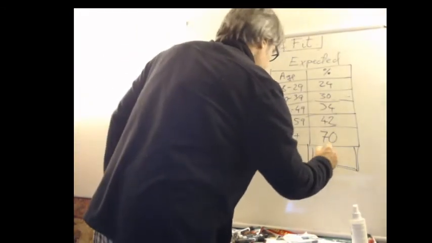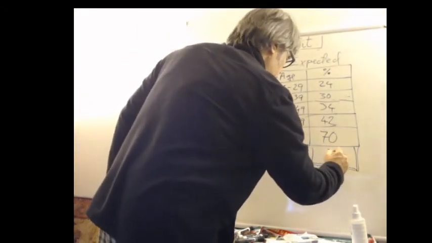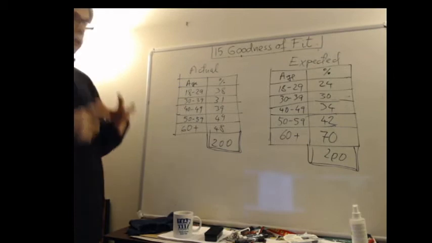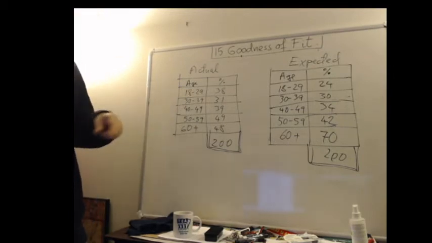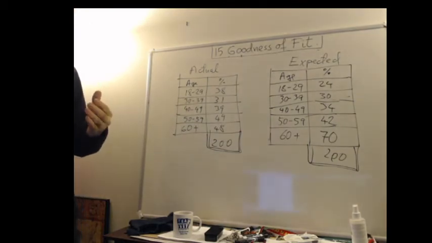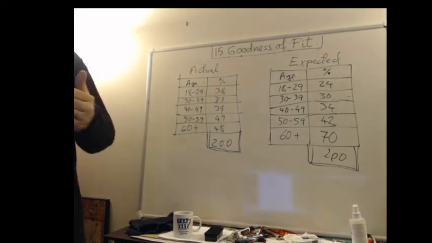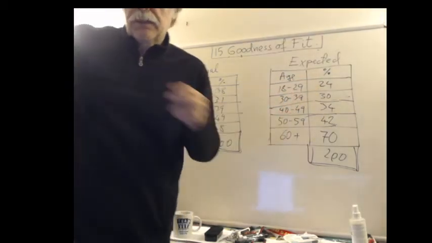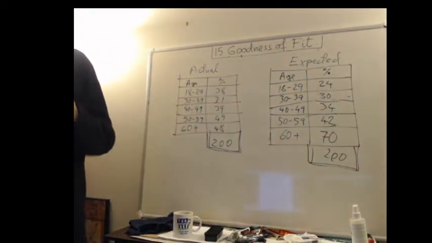So again, let me repeat this one more time. I know that in the voting population, the people that are voting, 12% of those are in the age group of 18 to 29. So if I have a sample of 200, and this sample should resemble the likely voters, then I need to get 24 people in that sample from that age group.